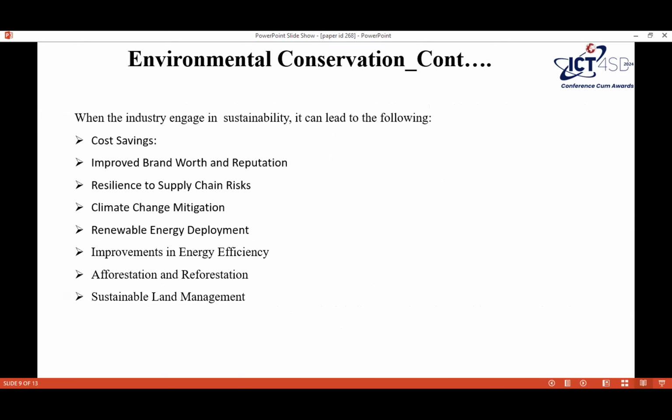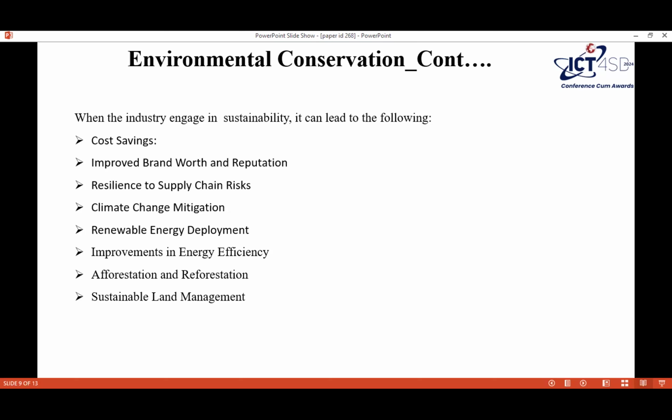And these are things that, if the industrial environment conserves the environment, they will benefit. It will reduce costs, it will improve their brand reputation, it will have some resilience to supply chain risks, and climate change mitigation.